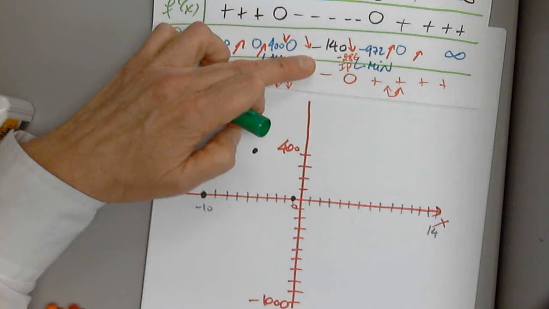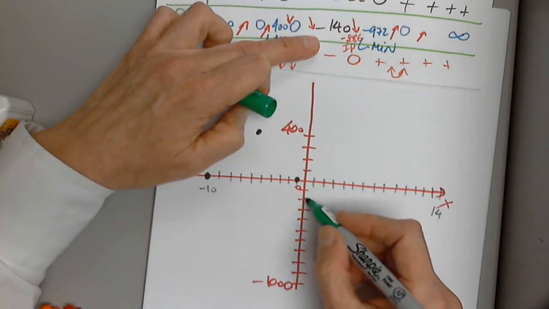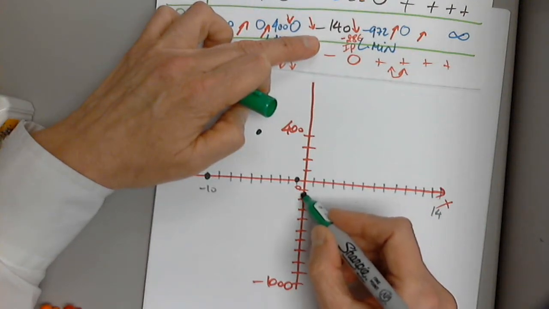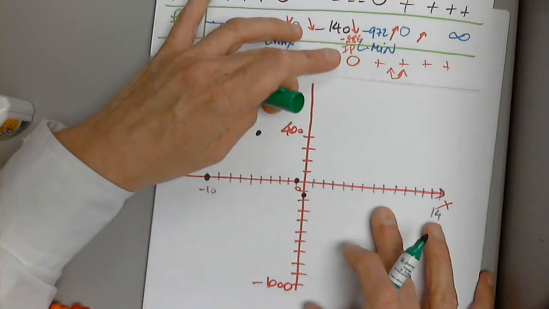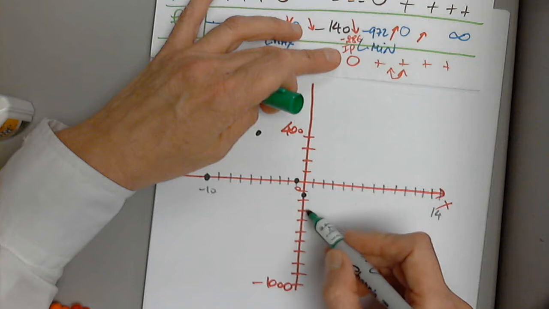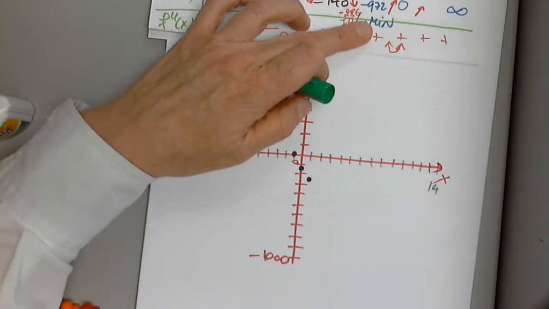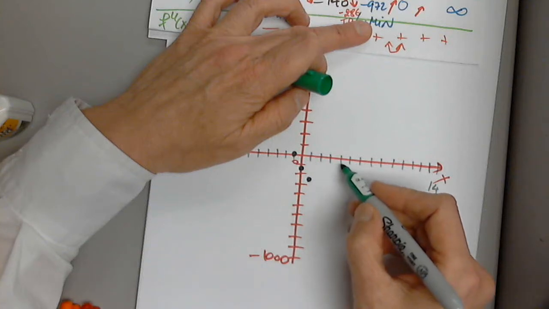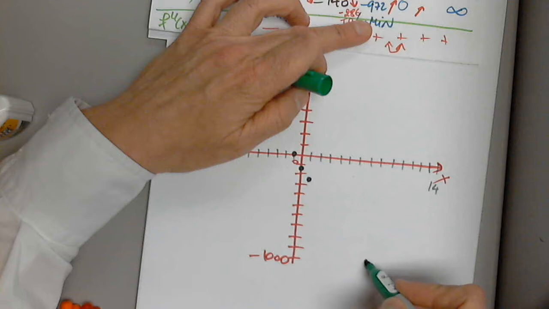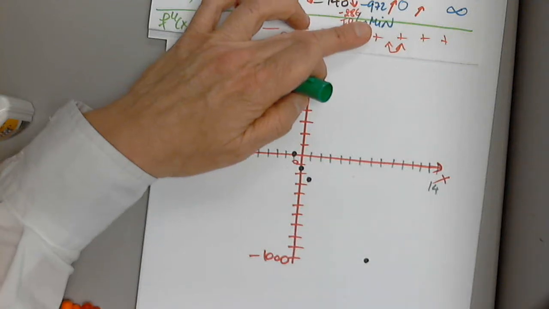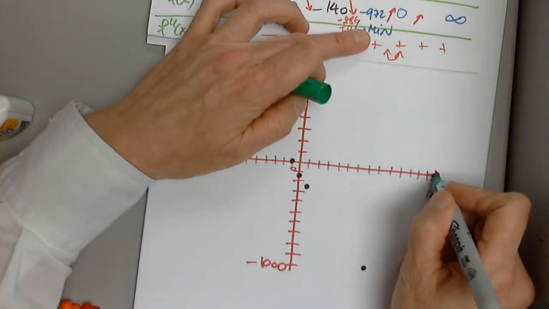I have 0 comma negative 140. So this is 200. This will be negative 140. I have 1 comma negative 300 roughly. So 1 comma negative 300 approximately. Then 8, negative 972. And then I have 14 comma 0.